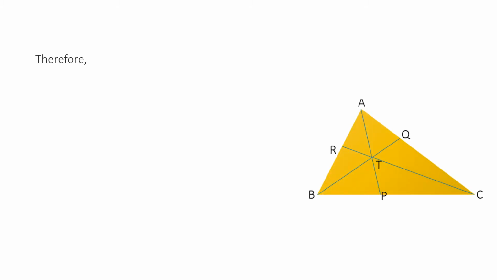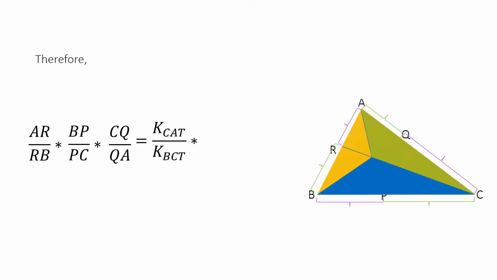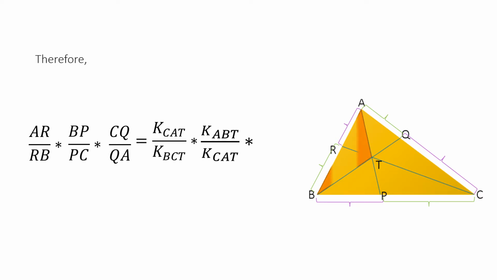Therefore, AR over RB times BP over PC times CQ over QA is equal to the area of CAT over area of BCT times area of ABT over area of CAT times area of BCT over area of ABT.